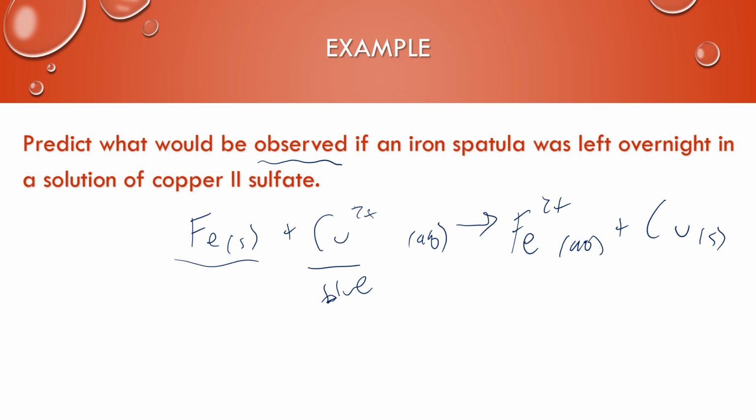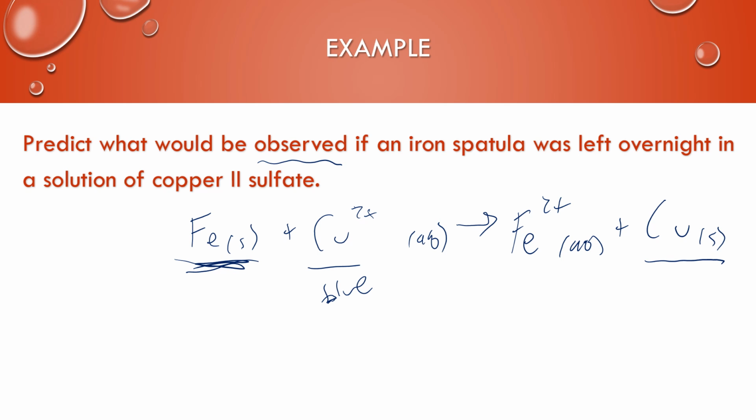You will start having an iron solution forming, which can be in the yellow-orange range, and you will be forming some solid copper, which is a brownish, reddish solid.